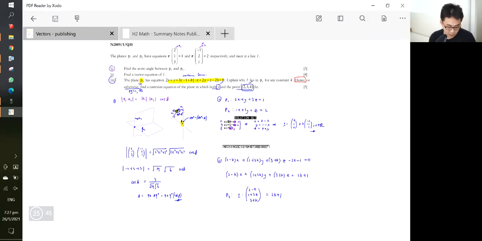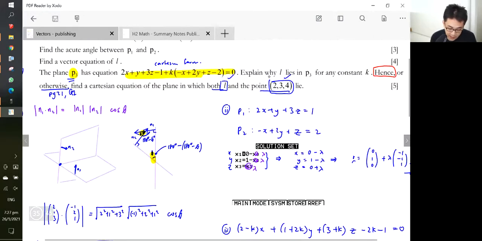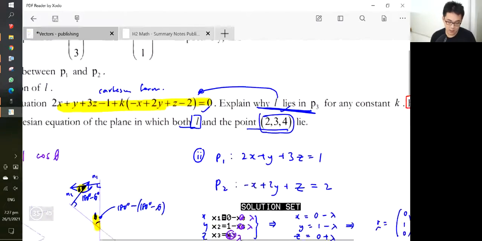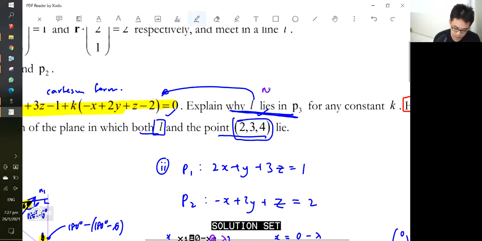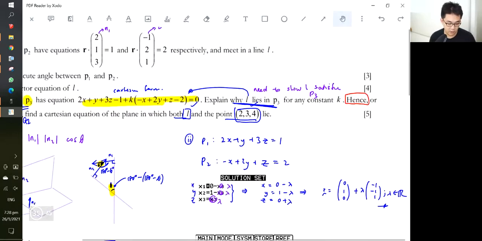Okay, so the question is: explain why line L lies on P3. How do you show that line L is on P3? First, you need to show L satisfies P3 for any constant k.